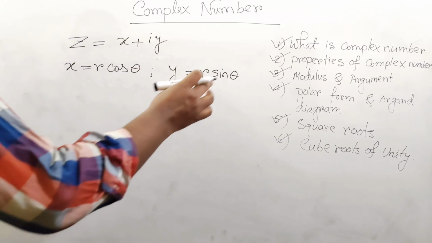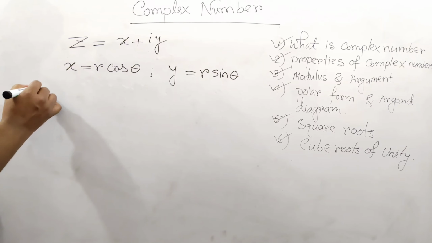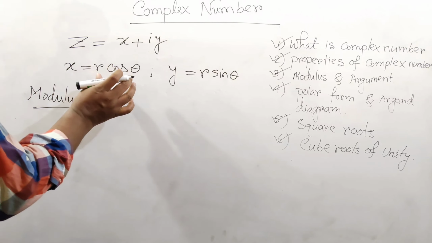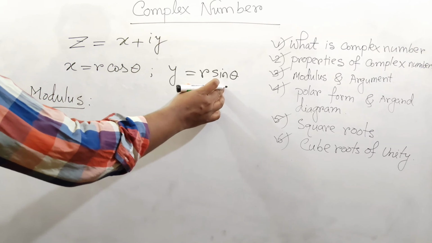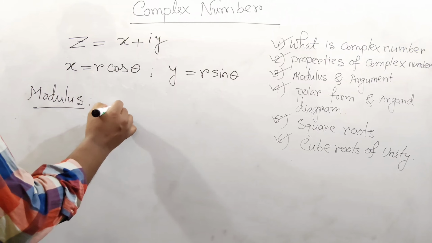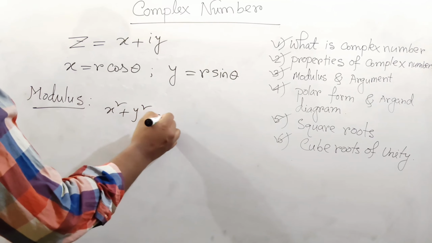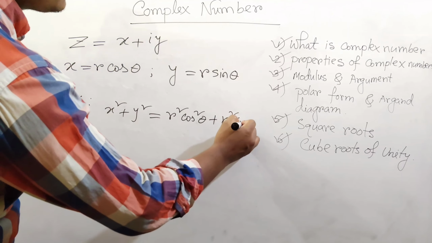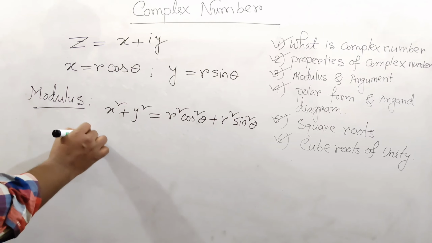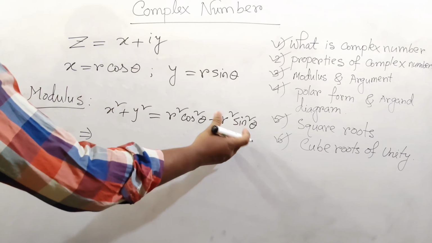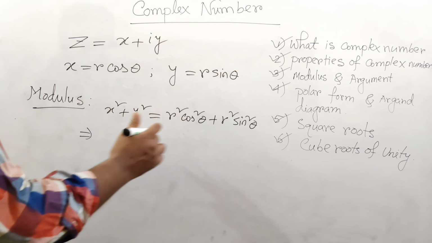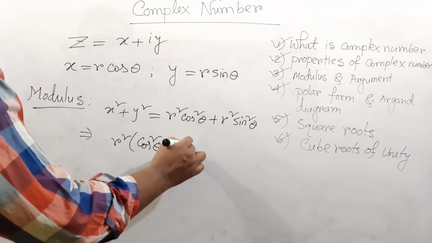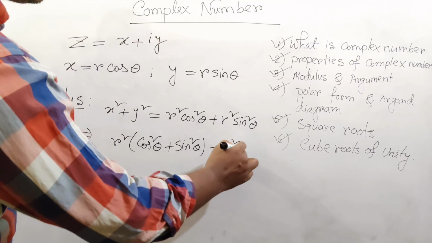So now what will be the modulus and what will be the argument? Okay, for finding the modulus, first we can square these two equations and add, then we'll get the modulus. So if you do this, x square plus y square, and in the right hand side r square cos square theta plus r square sin square theta. Now you can exchange the sides, so you can write it like that: r square, that is cos square theta plus sin square theta, equal x square plus y square.